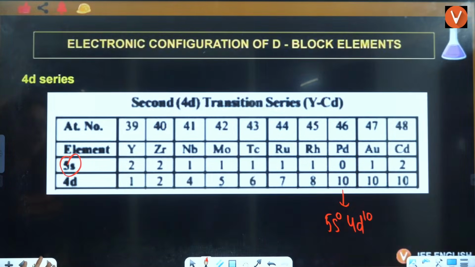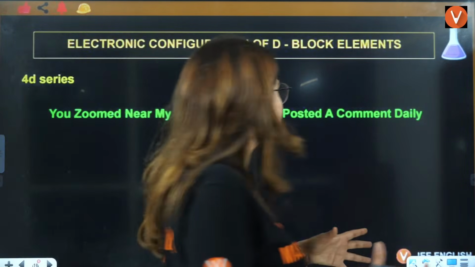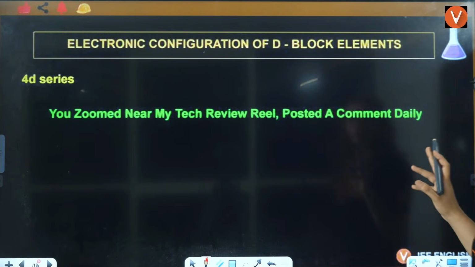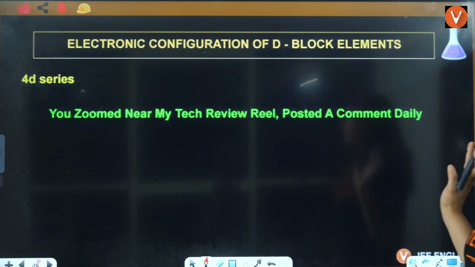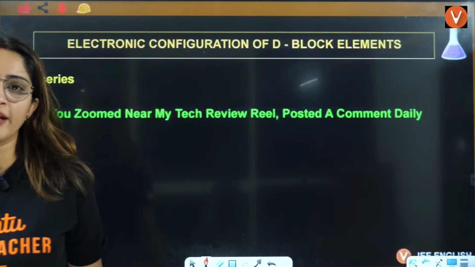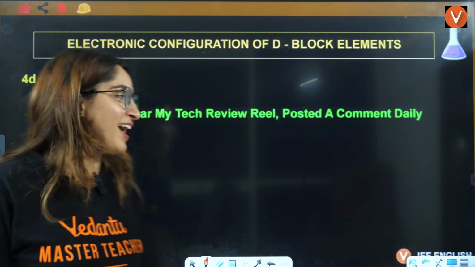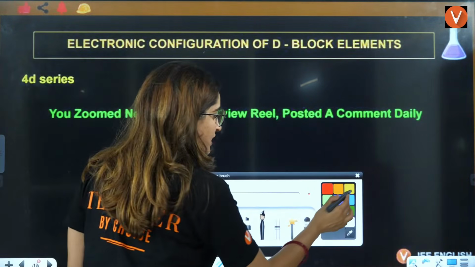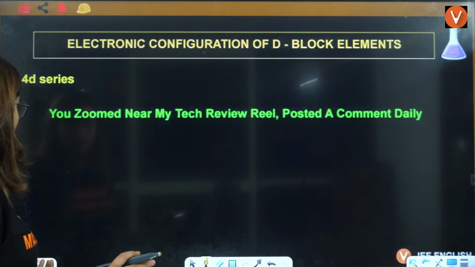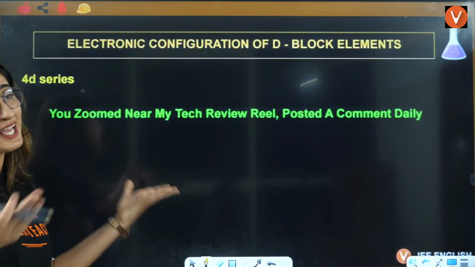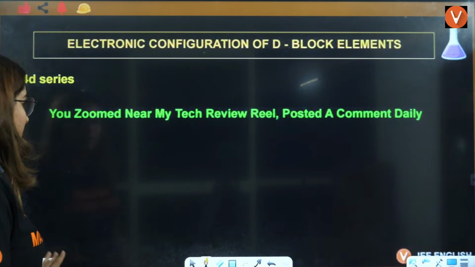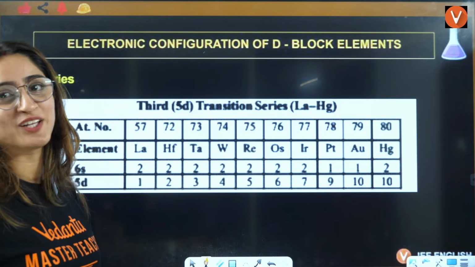Now talking about the 4D series, how to remember this, right? There is no logic behind how I remember. So you can go through this if you like, if you don't like, it's okay. That's the maximum AI that I can use.